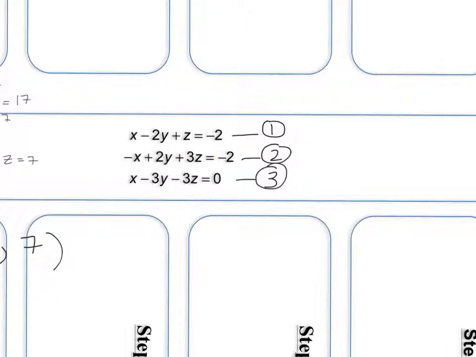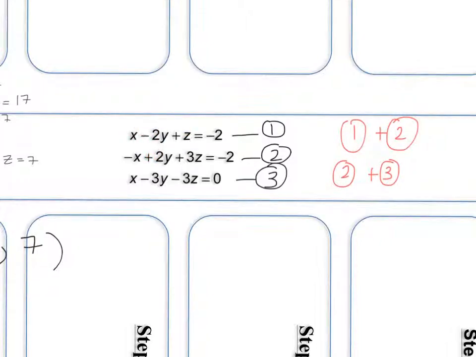Now also take another look. Look at the second and the third equation. If I add them, negative x and x can cancel out. 3z and negative 3z can cancel out, so I will end up with only y. So let's try that. Let's add equation 1 and 2. That can be my first step. And then let's add equation 2 and 3. If I add equation 1 and 2, the x and the y will cancel out.